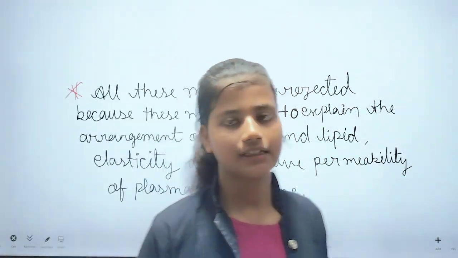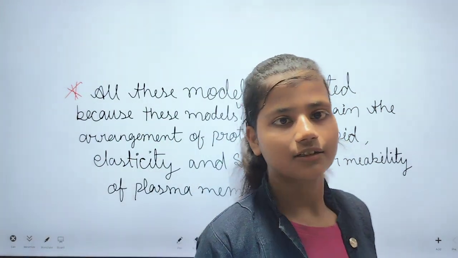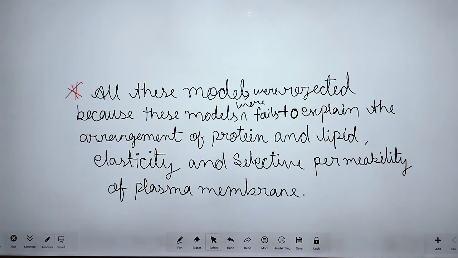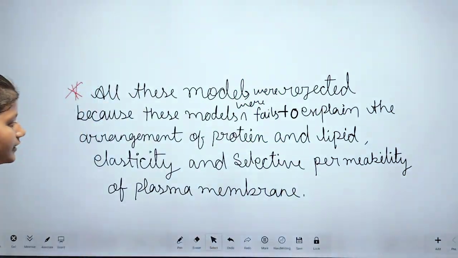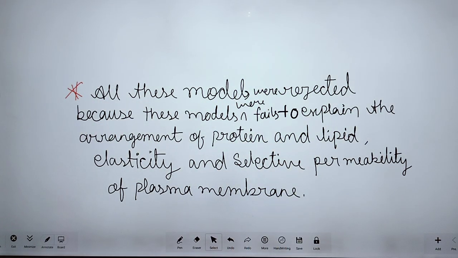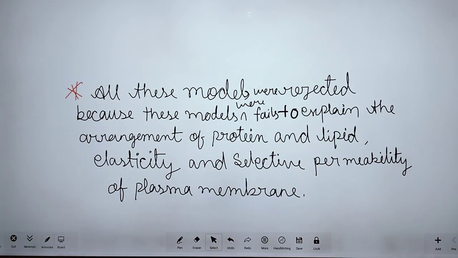All these models, that is the lipoidal model, the trilamellar model, and the unit membrane model, were rejected because they could not explain the real arrangement of protein and lipid in the plasma membrane, and they could not explain the elasticity and selective permeability of the plasma membrane.